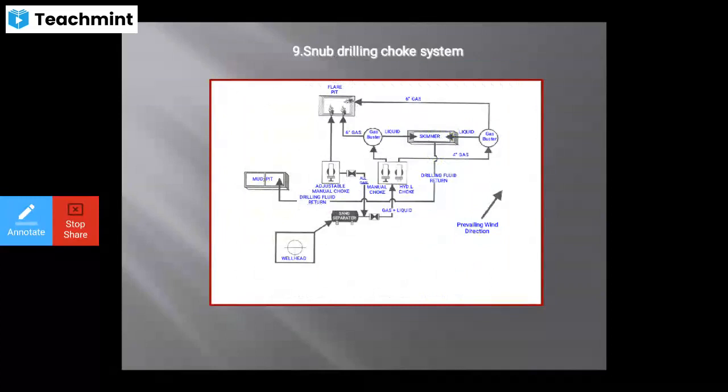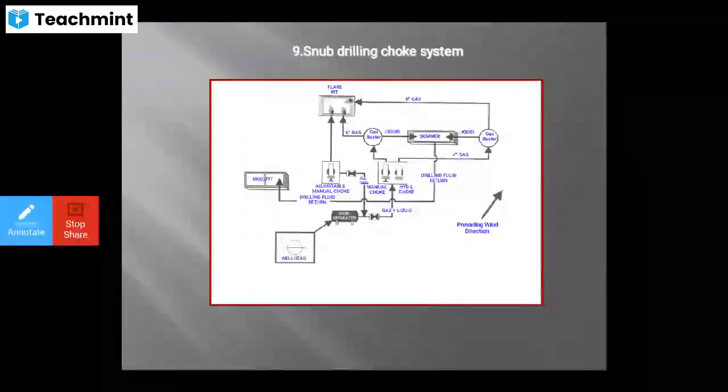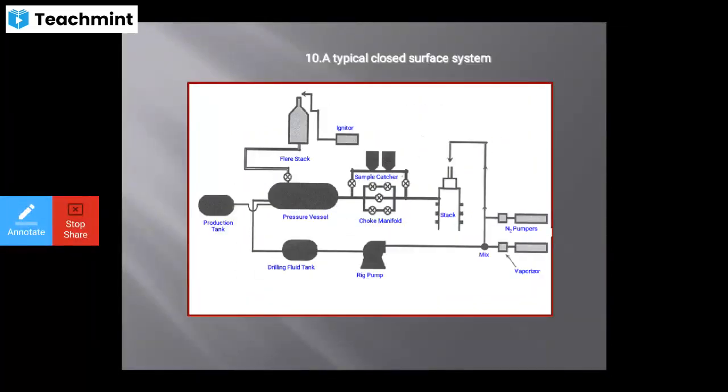The drilling fluid return line is also shown on the left hand side, going to the mud pit. So this is your typical closed circuit surface system. You can see here the production tank and production vessel.